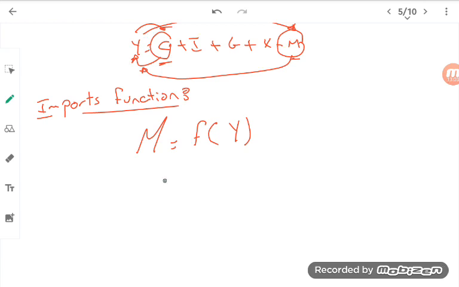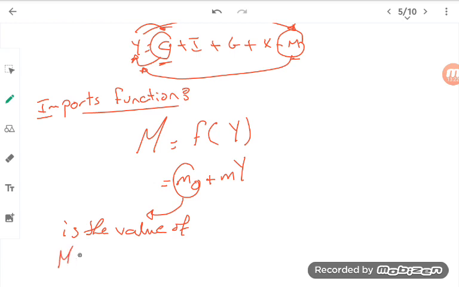Okay, so we can write it as M naught plus small m Y, where M naught is the autonomous value of M when Y equals 0.